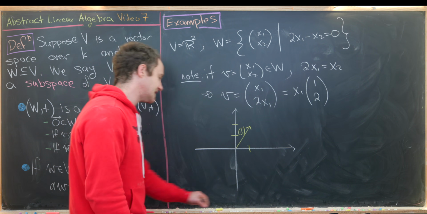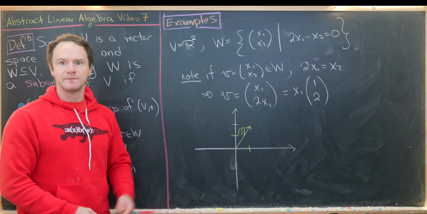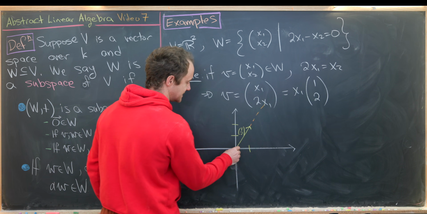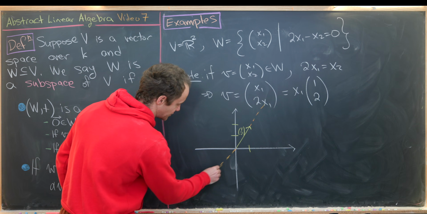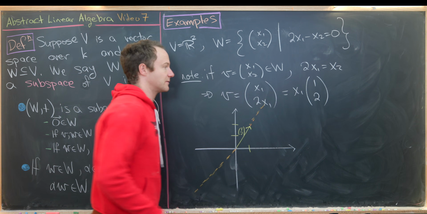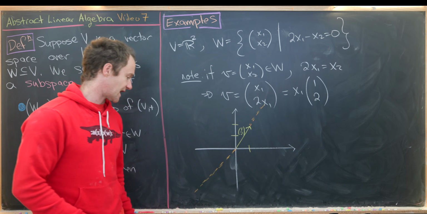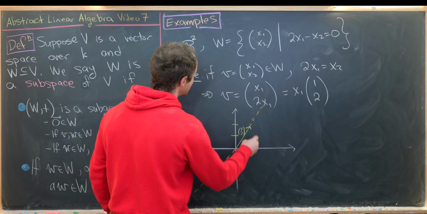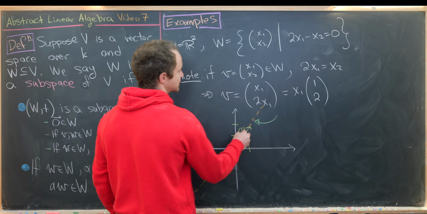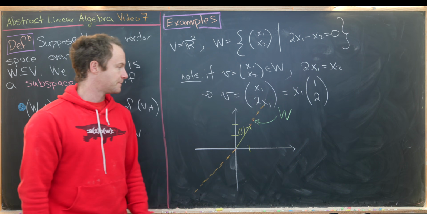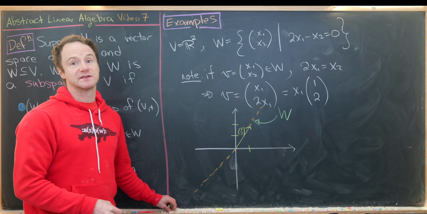And then if we take any scalar multiple of this vector, as we discussed in a previous video, that just builds this entire line. So that's what we're doing here by letting x1 be anything we want, we're building this entire line. So a nice picture for this vector subspace W would be this line. So let's maybe get rid of this and we'll look at some more examples.